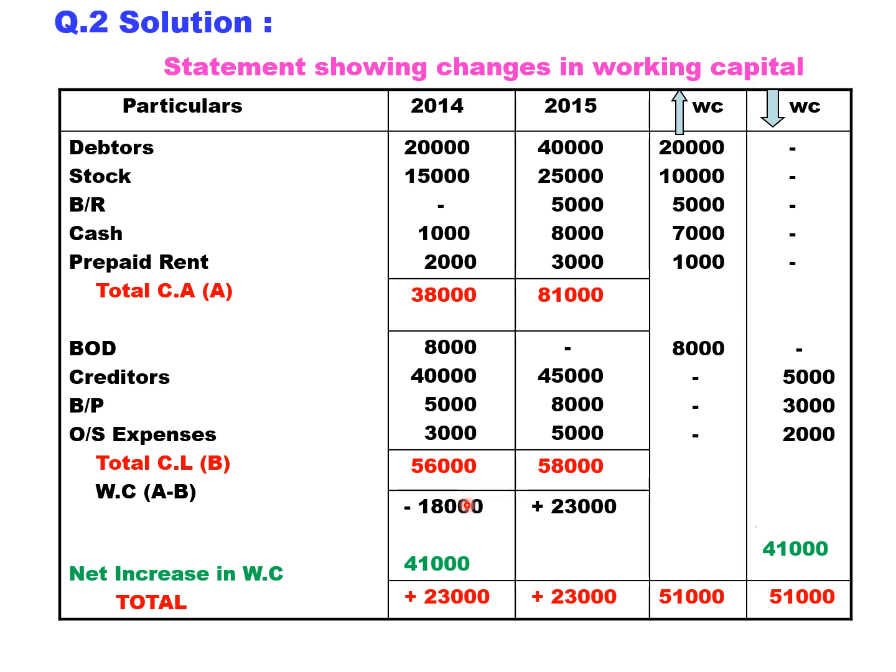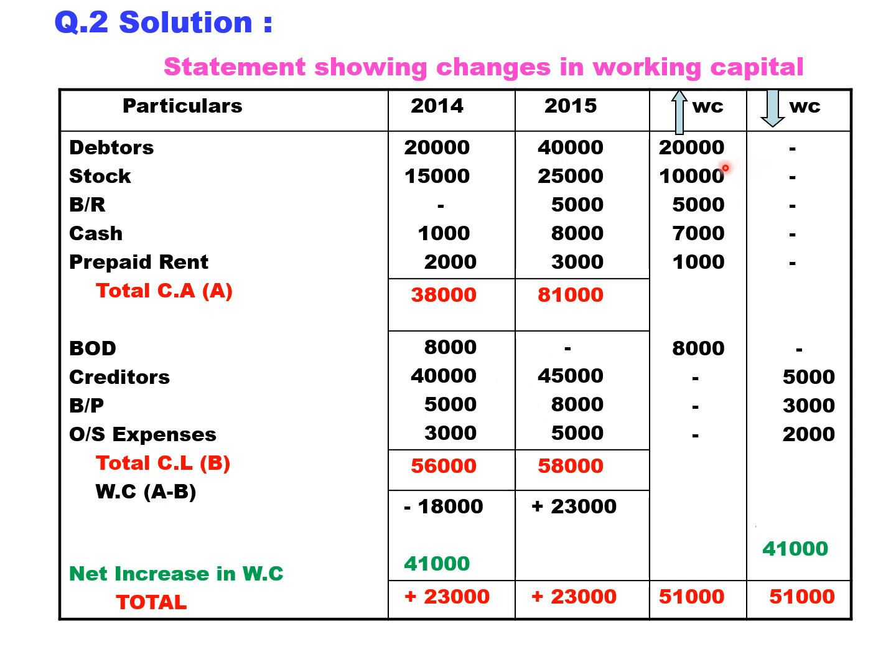So minus minus becomes plus. So 23,000 plus 18,000, you get 41,000. How do you get 41,000? Once again, students, 23,000 minus of minus 18,000. So minus into minus becomes plus. So 18 plus 23, you get 41,000.